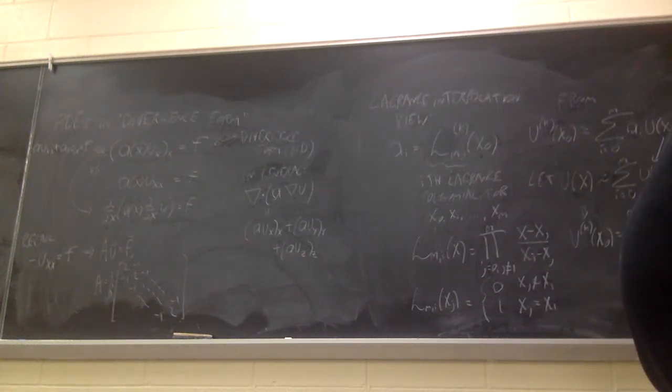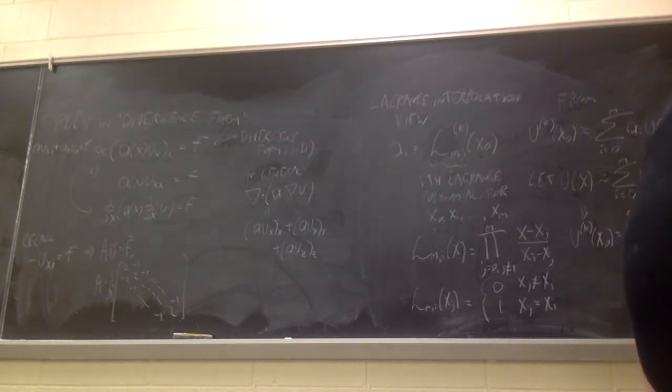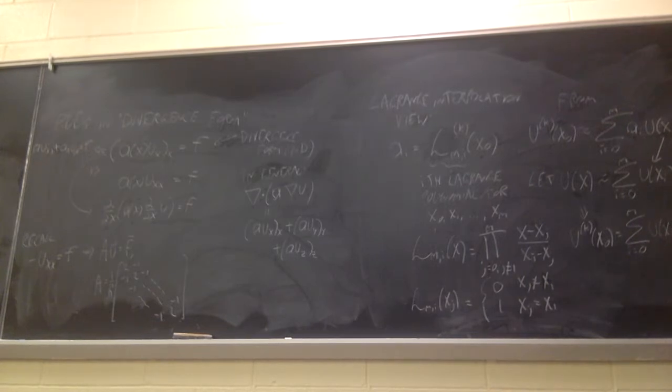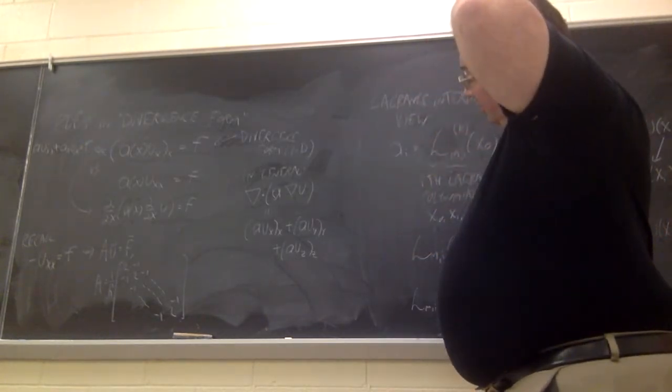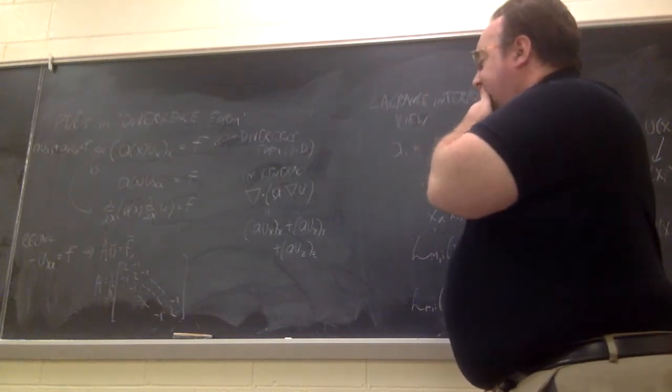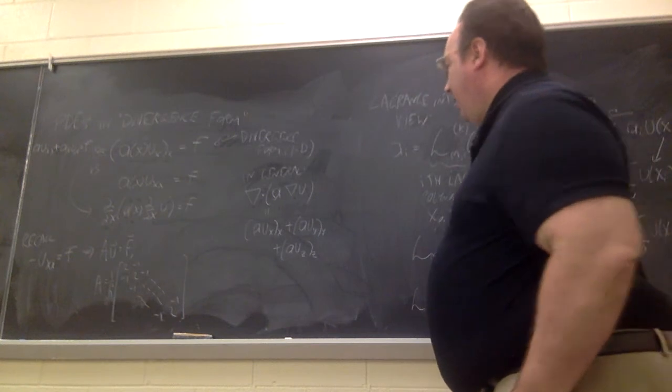And one of the nice things about this matrix is it's symmetric, which we expect from a second derivative, that is it's called a self-adjoint operator. So anytime you discretize it, you should expect to get a symmetric matrix. Although sometimes the boundary conditions might throw that off.